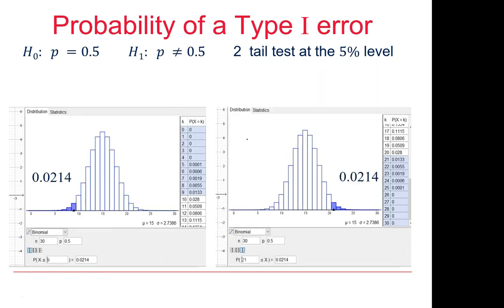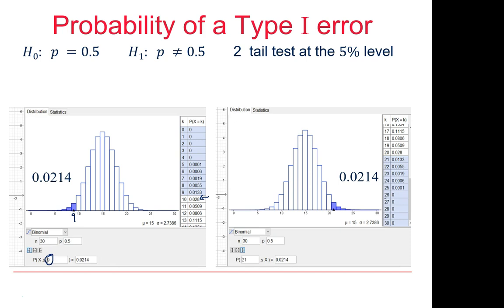So again, having a look, this is from GeoGebra, but you can use your calculator easily to work this out. If we look at the probability that x is between 0 and 9, so less than or equal to 9, that is 0.0214. And if we go any further, you can see here we're going to exceed our 2.5%. So our lower extremely unlikely tail is between 0 and 9.